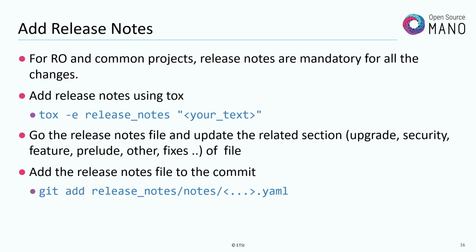What's the release note about? Then it will create a release notes file for you. In your module, you can go to the release notes folder, and you will see the YAML, which is created with this single line comment. And you can fill this file with what you did, what your change is about, and you edit your release.